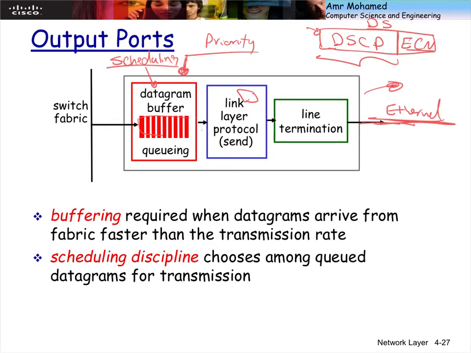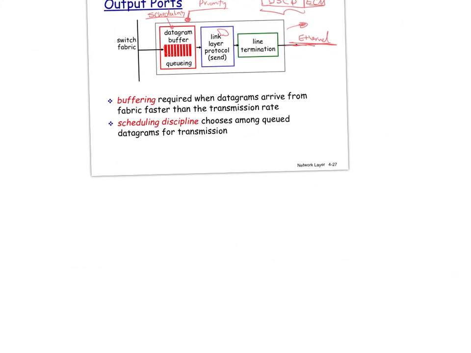Packets that are coming from banking applications, they need to provide high priority in terms of loss. We cannot afford losing them. And so on. So sometimes they do that at the output port based on this output port, it's not actually a single queue. Sometimes they use what we call priority queues.